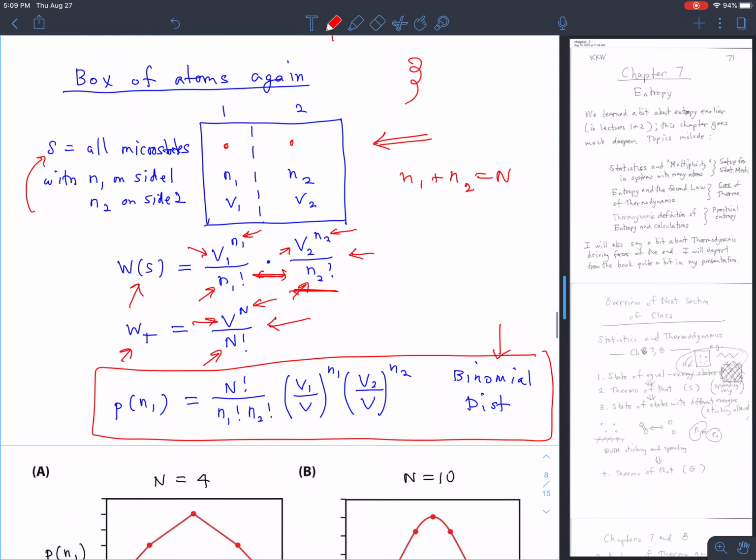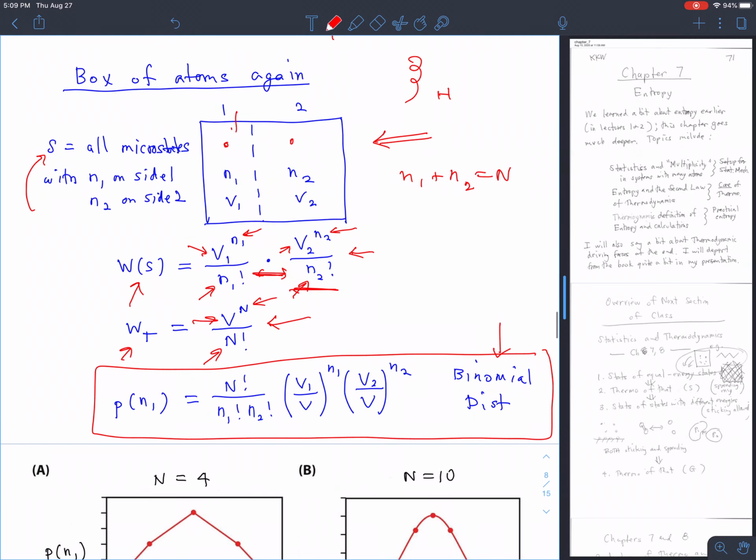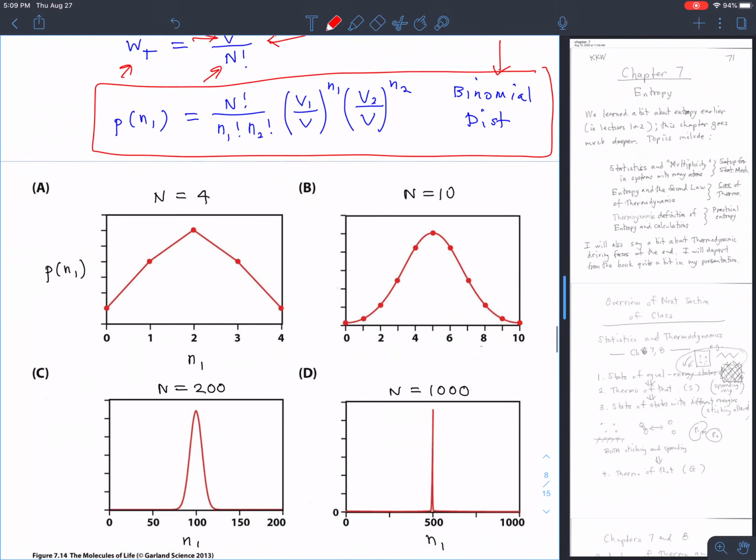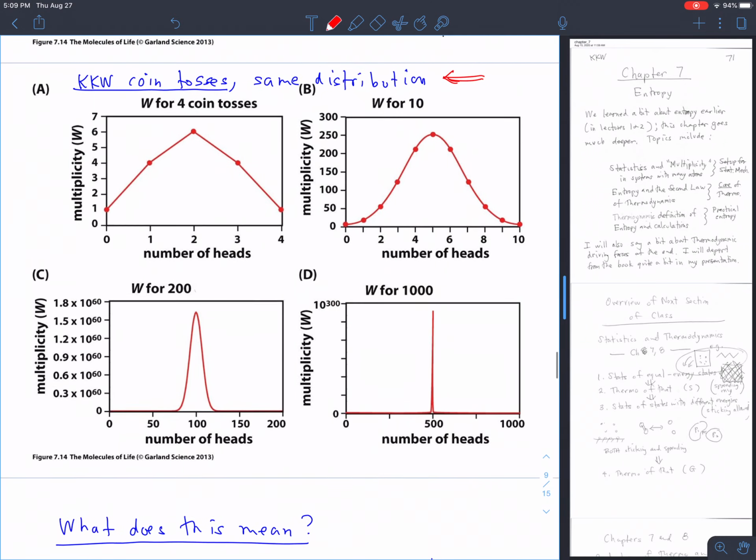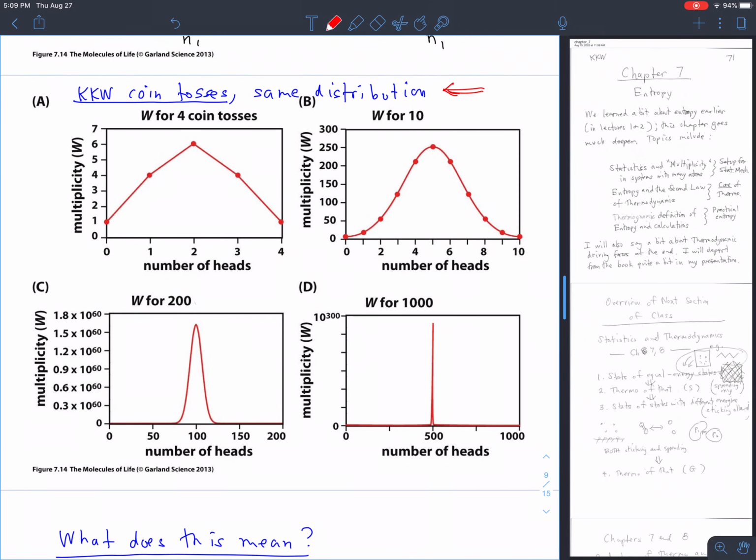So you flip a coin. If it's heads, you put it on side 1. If it's tails, you put it on side 2, and you just keep flipping coin tosses and then ask how many ways there are to get a certain number on this side and a certain number on that side, and you can see that it's exactly the same logic. So down here, in fact, this is a page from your book for coin tosses.